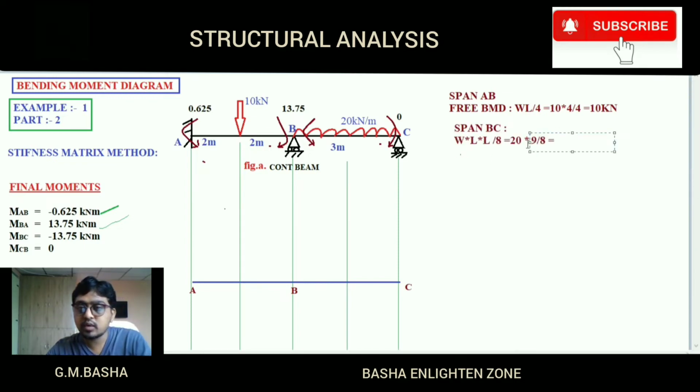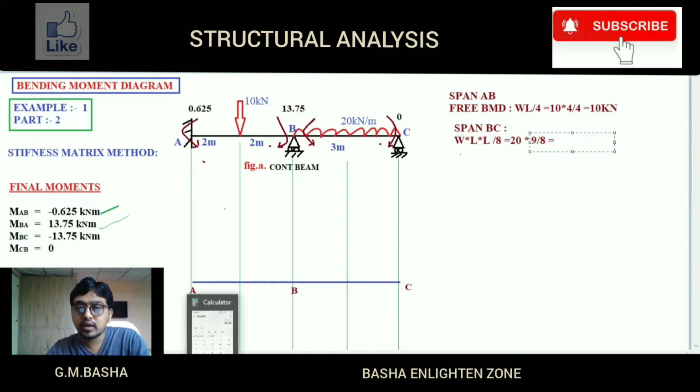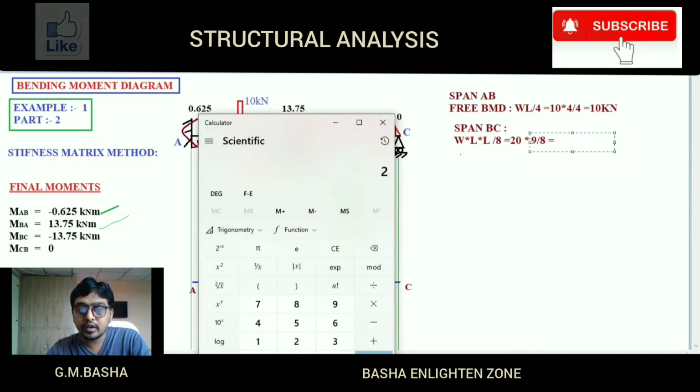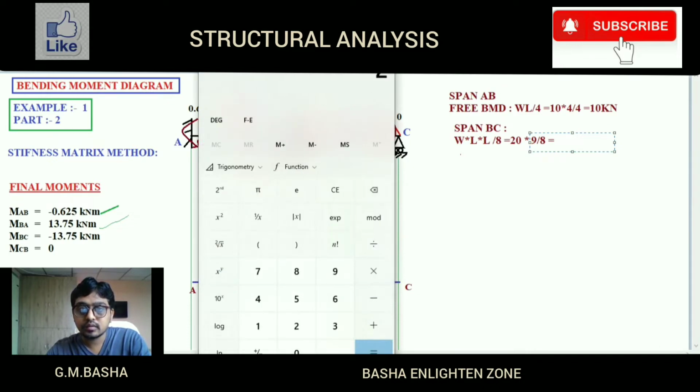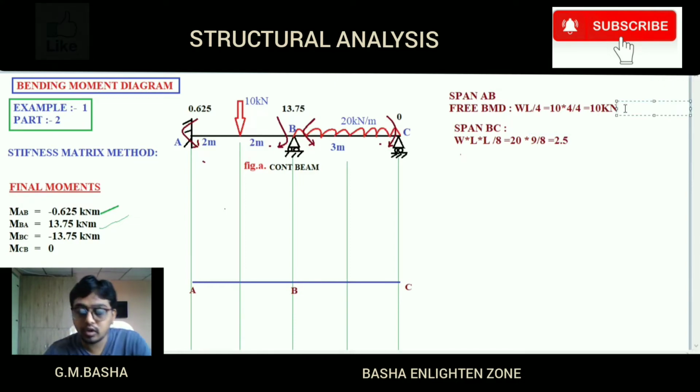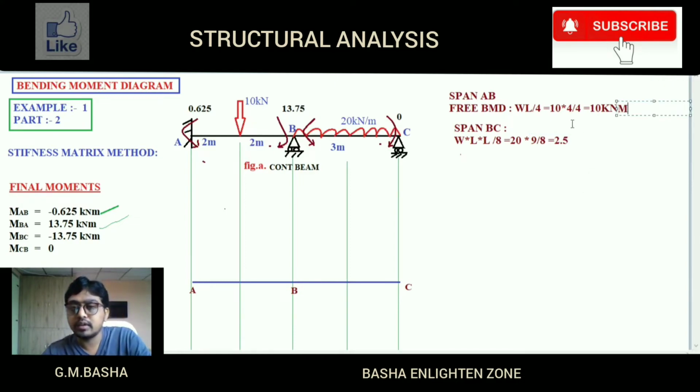Simplify this, WL square by 8, by using your calculators. How much will you get? 20 into 9 divided by 8 will be equal to 22.5 kilonewton meter. So this is the area in terms of meters, not kilonewtons, in terms of kilonewton meters.